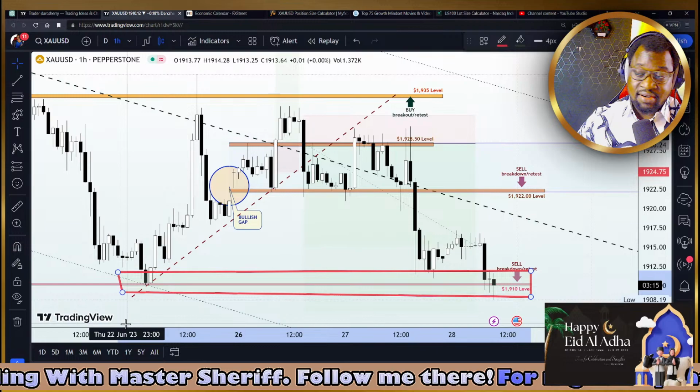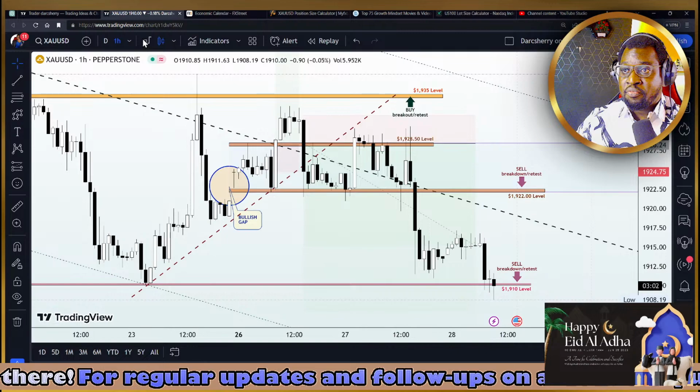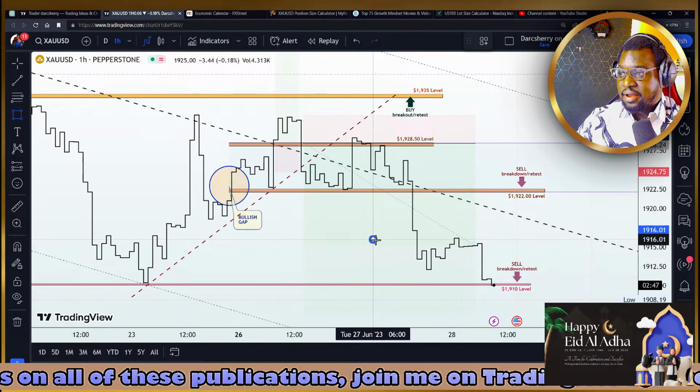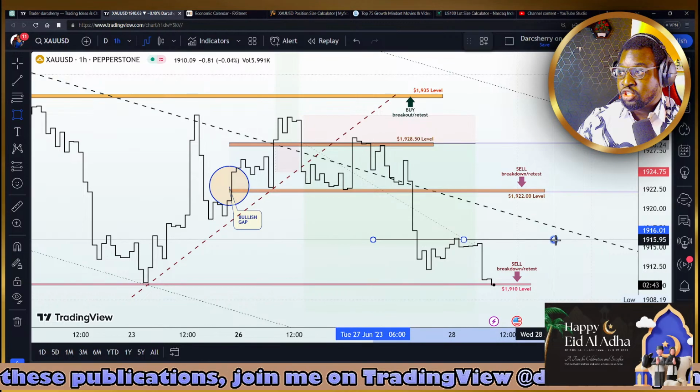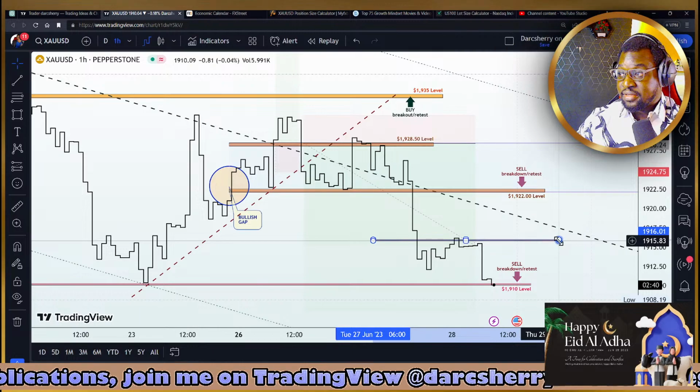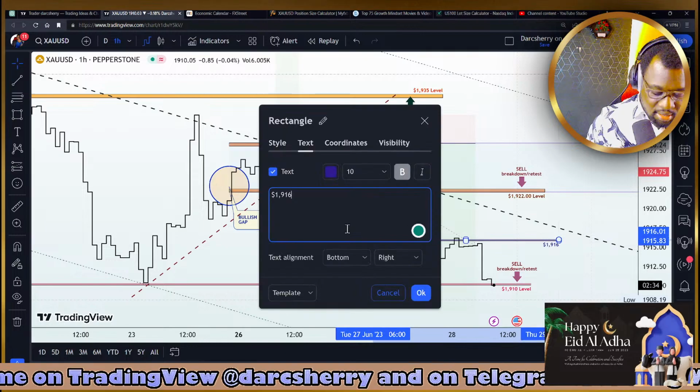Well, if we bring out our line chart here, I have a level sitting somewhere around the 1,916. Yes, 1,916, which I'm going to be using as a criteria, a condition to be part of a bullish momentum here. For the sake of clarity, I would like to label this. So we have it at the 1,916 level.